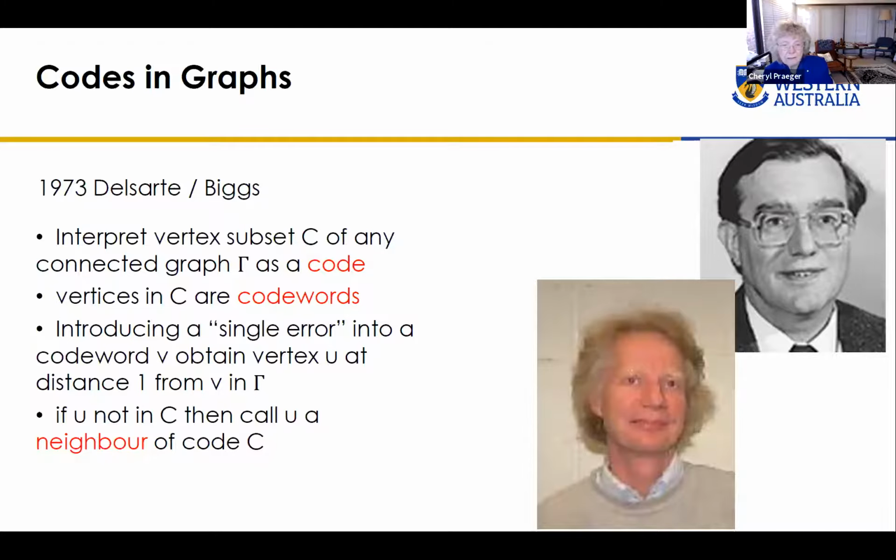It would be nice if the vertices were so spread out that you would still be closer to V than any other code word in the code. So if I move from V to a distance 1 vertex U, and U is not in the code, not a code word, then I'm going to call U a neighbor of the code.